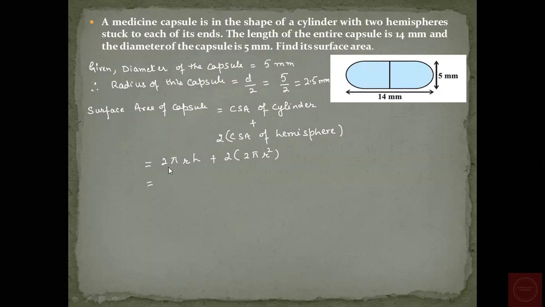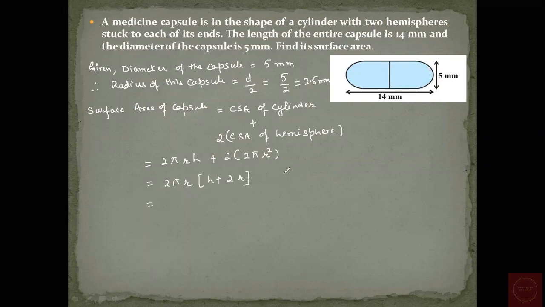So here we can take common terms 2 pi and r. So we have h plus 2r.